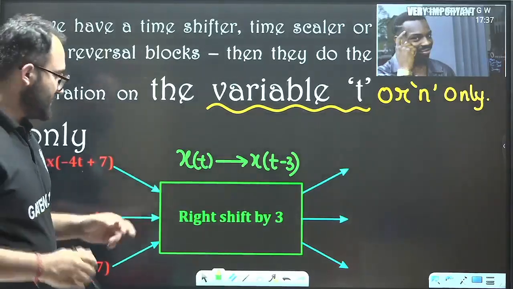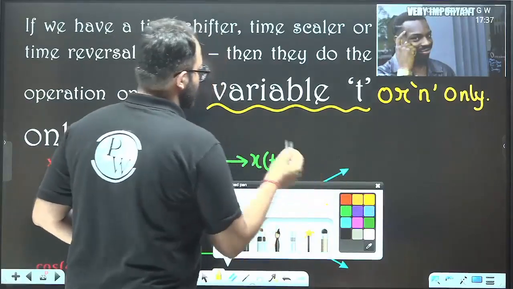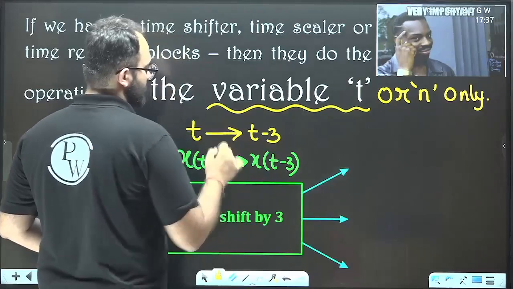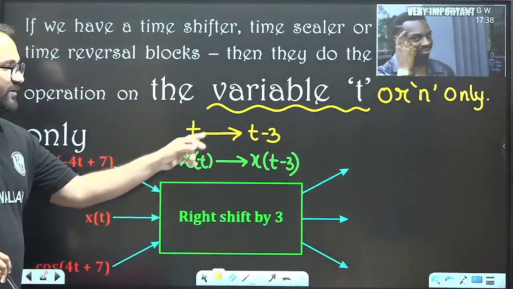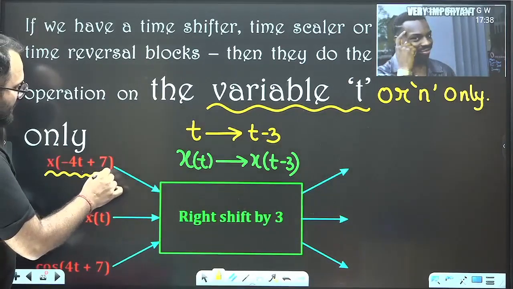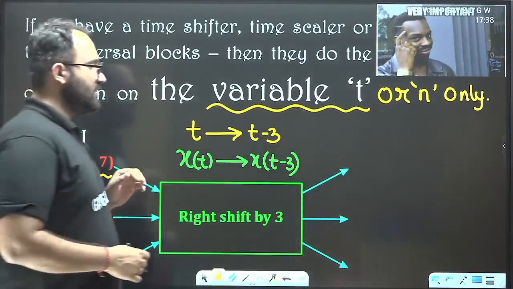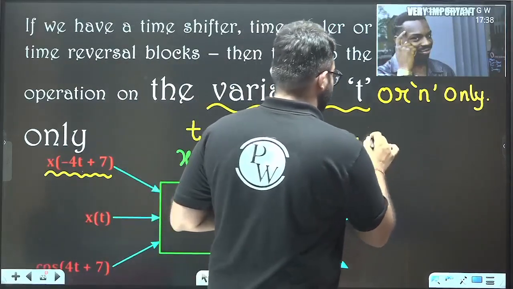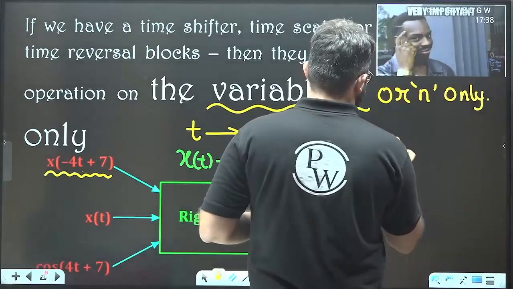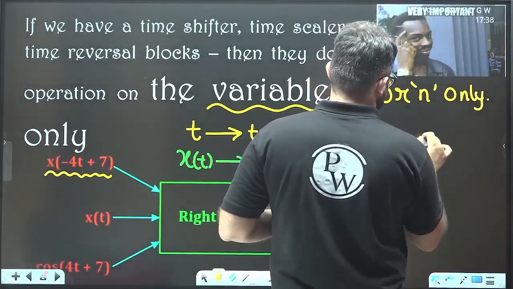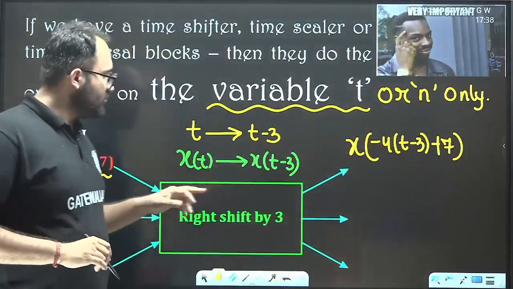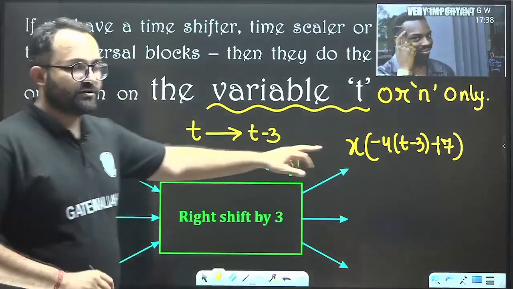The system is replacing the variable t by t-3. So if the input is x(-4t+7), then the result will be x(-4(t-3)+7). Always remember that the system works on variable t only, so you only replace t with t-3.